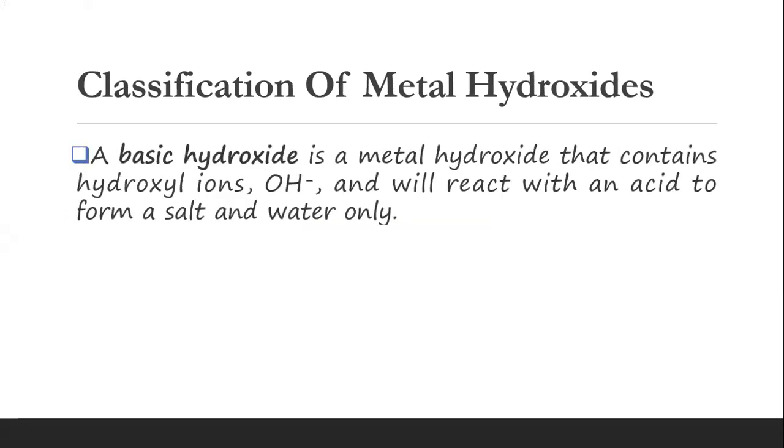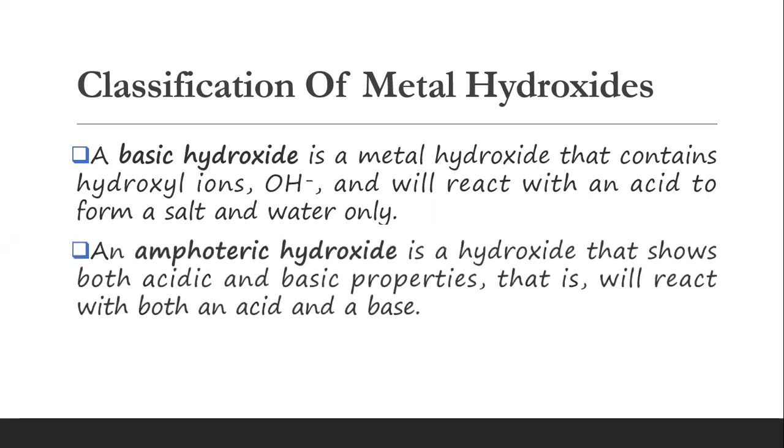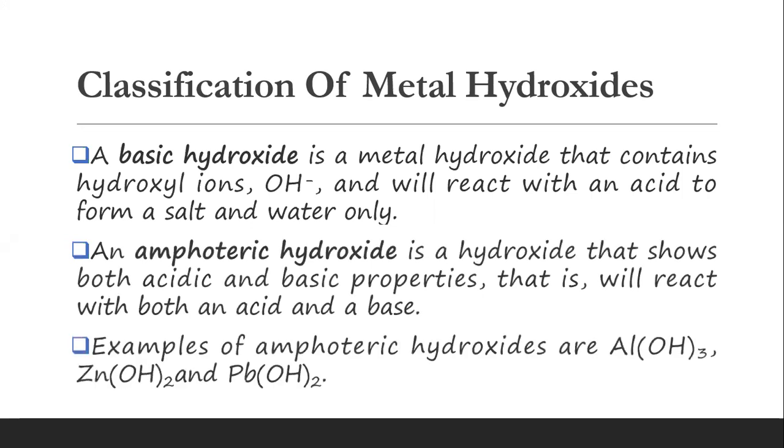Now, a basic hydroxide is a metal hydroxide that contains hydroxide ions and will react with an acid to form salt and water only. An amphoteric hydroxide is a hydroxide that shows both acidic and basic properties, that is, it will react with both acid and base. Examples of amphoteric hydroxides are aluminum hydroxide, zinc hydroxide, and lead hydroxide.